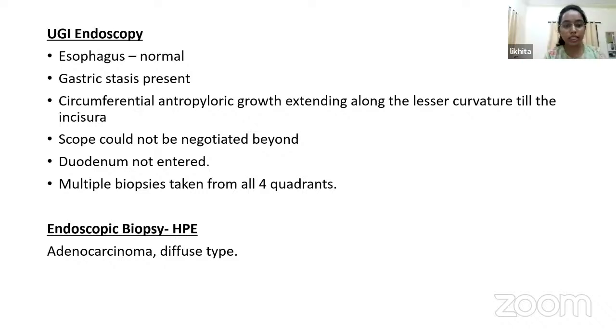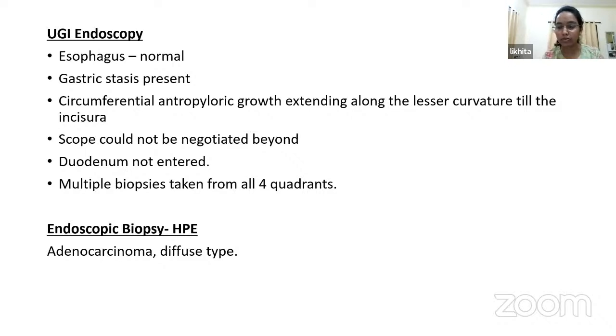Diffuse type indicates that it is not well differentiated. Based on the Lauren classification, it is divided into intestinal type, in which the morphology is maintained, and diffuse type, which could be more high-grade tumors, where the morphology is lost due to loss of E-cadherin, and can also be due to signet ring cells.